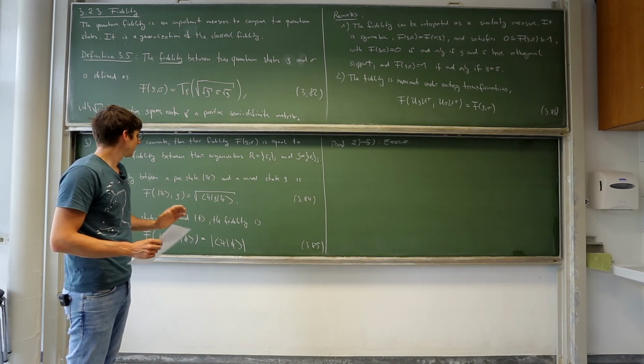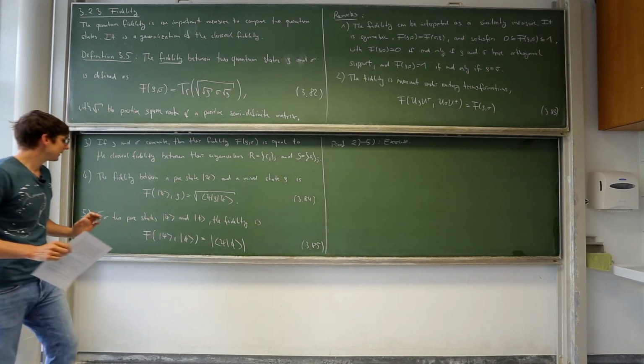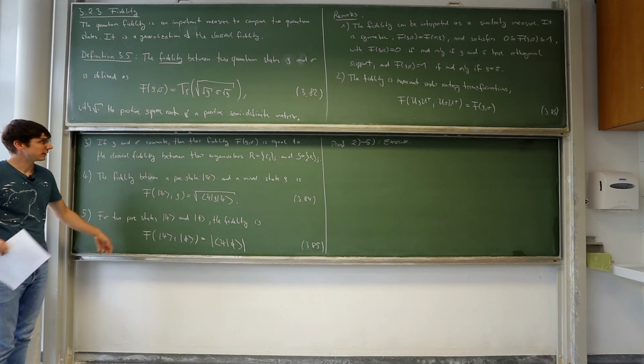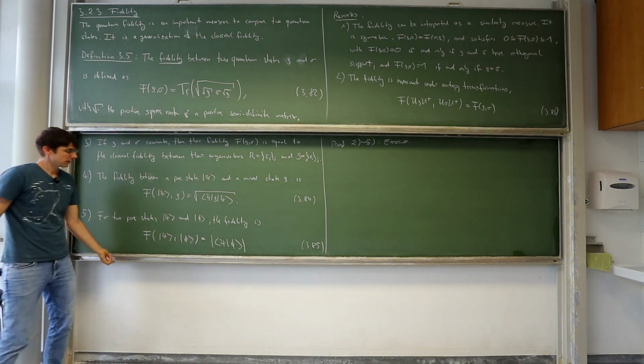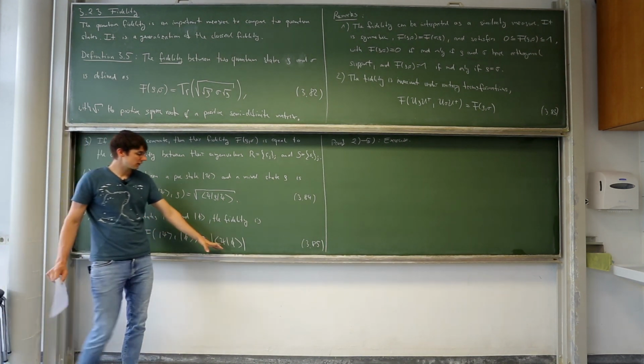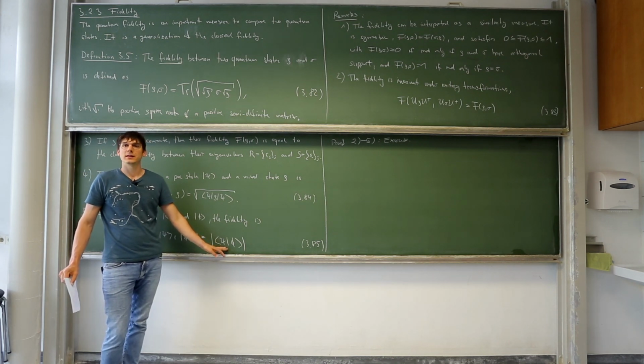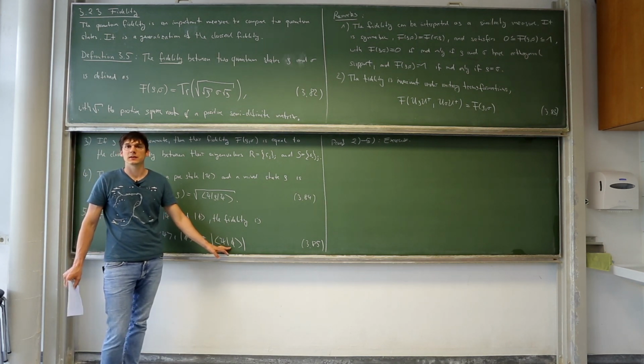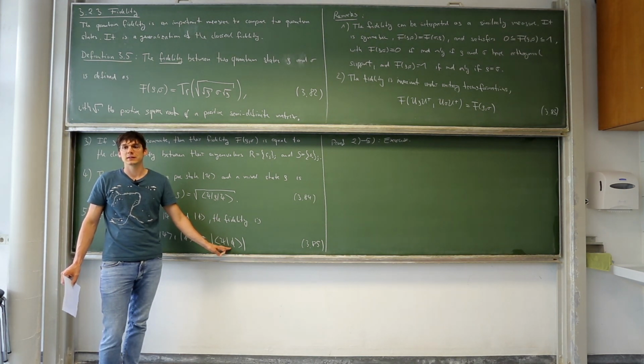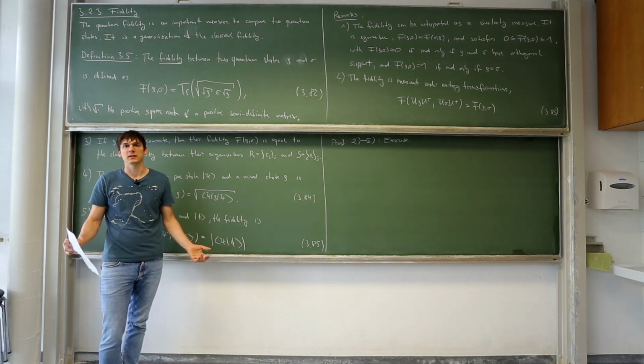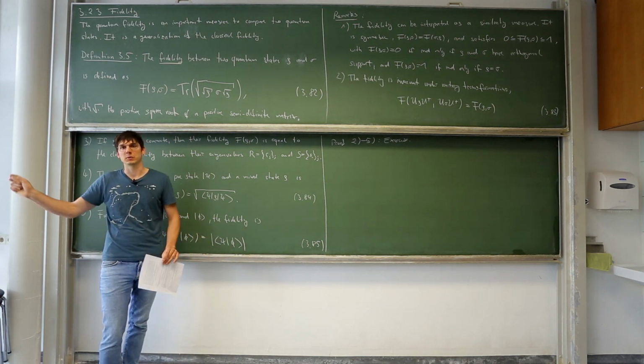Before we go on, let's consider the case of pure states. What we see is that it's the modulus of an inner product of those two states. Now remember what I told you when we discussed the classical fidelity. For the classical fidelity, we had the picture that we can interpret this as the inner product between two vectors which live on the unit sphere, right? These vectors were the square roots of all these probabilities.